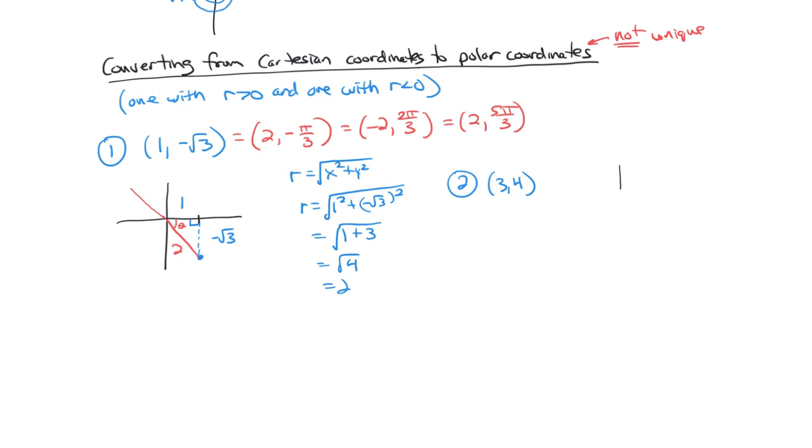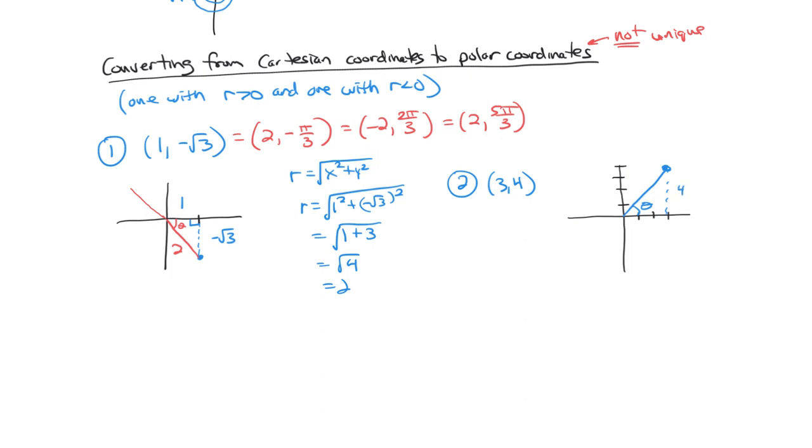Okay, so if we draw this one out here, x is 3, y is 4. Got this point right here. All right, so what we want to do, of course, is find theta and find r.